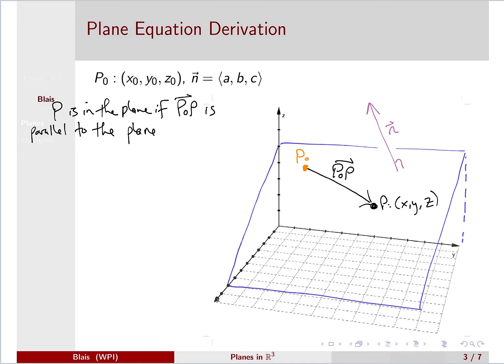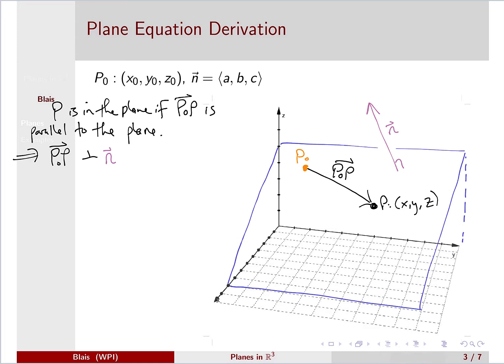But if it's parallel to the plane, think of it as thus: if you lie it down up against the plane, it will lie right on it. Then it must be perpendicular to n. So this means that vector P0P and n are perpendicular, or orthogonal.